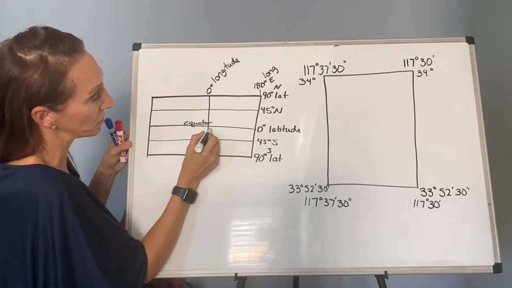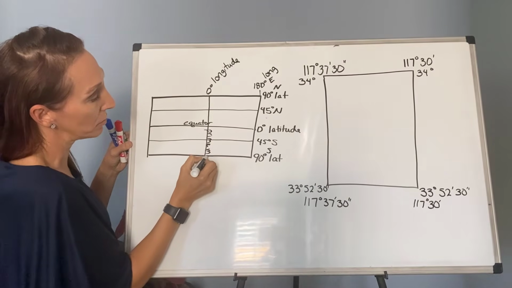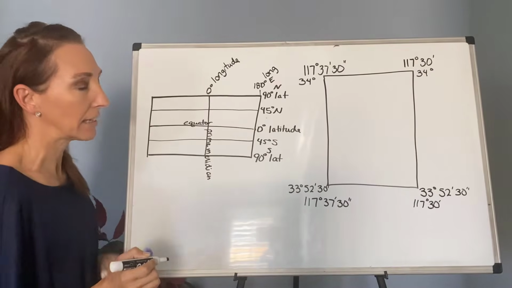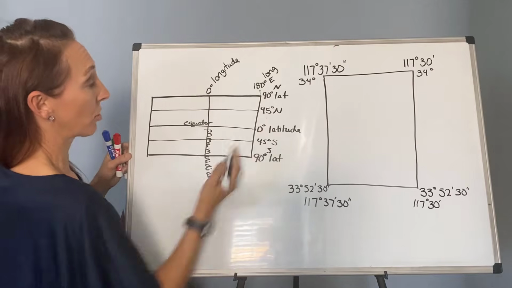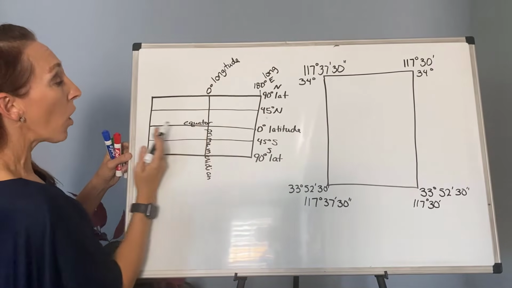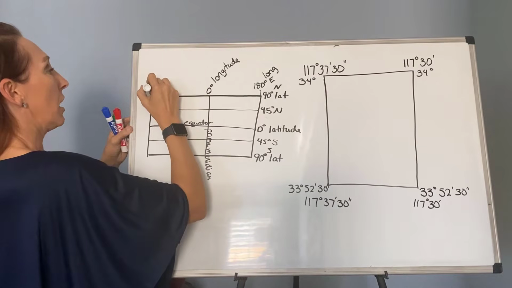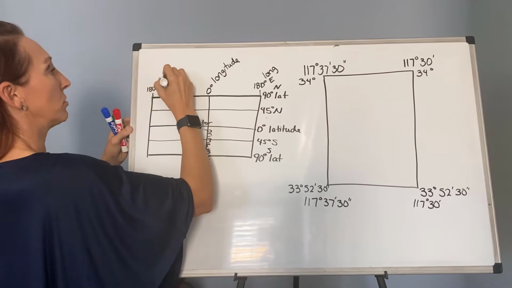And I should label this prime meridian. P-R-I-M-E, and then meridian, M-E-R-I-D-I-A-N. All right, so that would be 180 degrees east longitude. And then if I went all the way to the other side, that would loop around to the back, that would be 180 degrees west longitude.